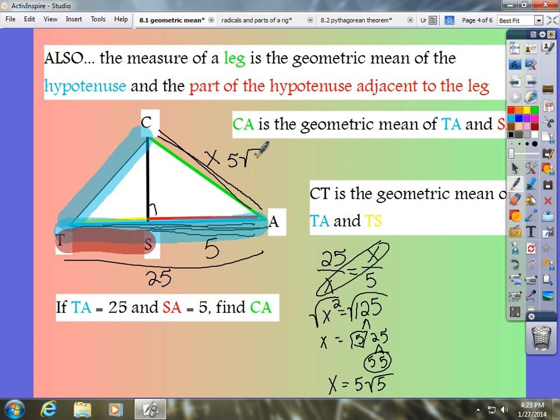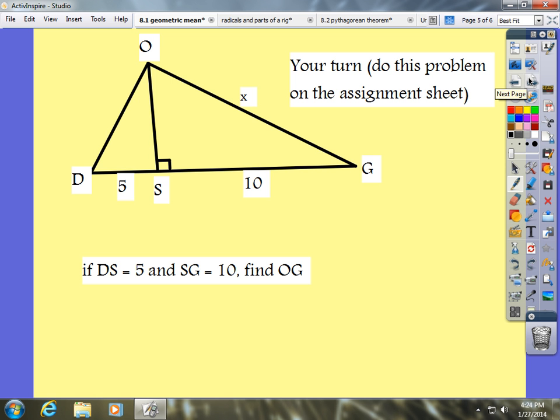Okay, I know it's a lot to digest. We're just going to have to keep practicing. Now it's your turn to do this problem. I'll help you set it up. If DS is 5, if this segment here is 5 and this other segment is 10, hence the whole hypotenuse is going to be 15. I want to find the x. So here's the sections I want.